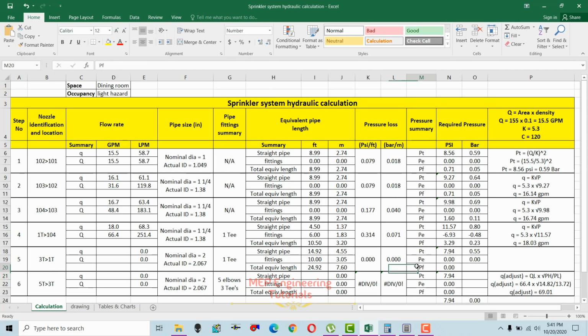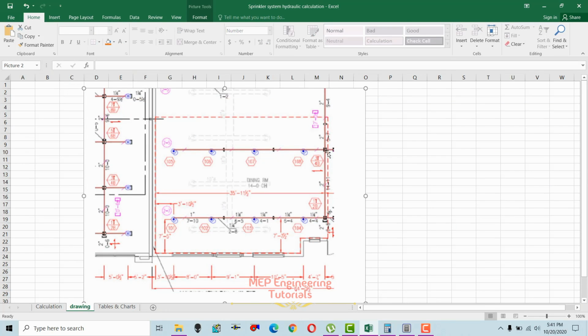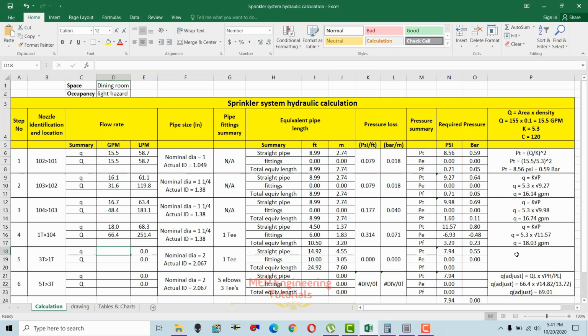The last thing remaining in here is to calculate the PF, but before that we have to calculate the Q at this point. Since there is no sprinkler at this point, just a straight piece of pipe, as you can see from 3T to 1T there is no sprinkler, so the K factor is 0 and small q is 0.